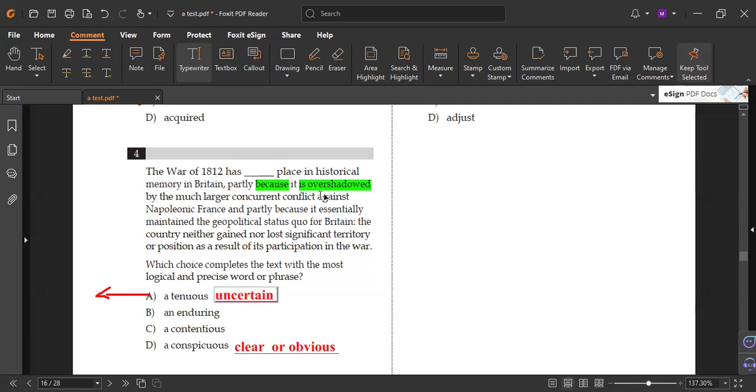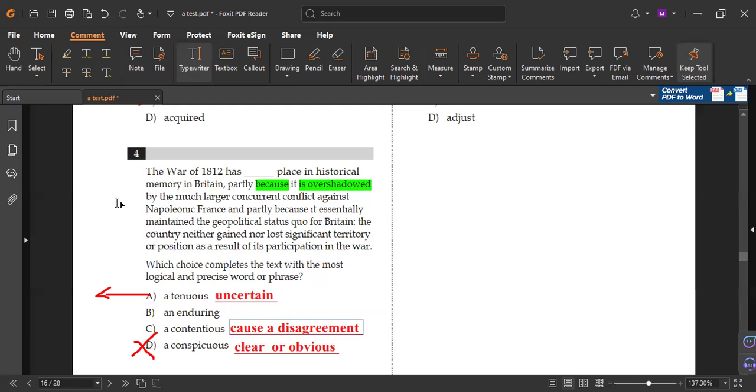Because it's overshadowed. And letter B is opposite to overshadow. But here it is in the clause, not whereas or even though. So no to B. But what does contentious mean? It's a word you studied in grade 8. It means causing disagreement, like a controversial thing. Enduring means keeping for a long time, but we don't talk about that because there is no supporting information.